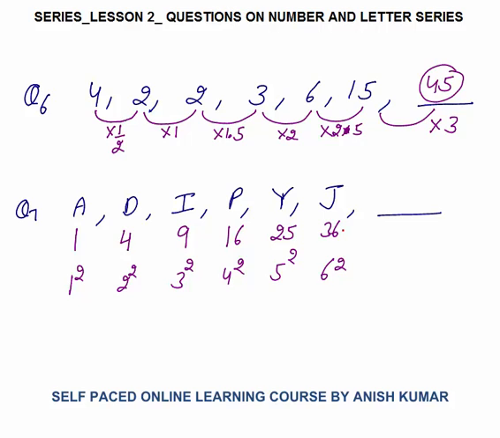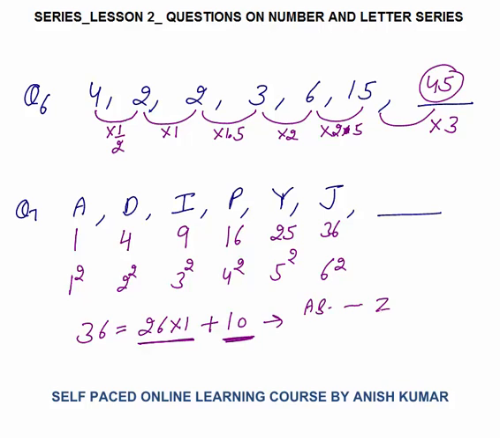Now 36, I told you whenever the number is more than 26, what you have to do? Divide that number by 26. If you divide 36 by 26, the remainder would be 10. You can write 36 as 26 into 1 plus 10. Now 26 into 1 means that the alphabet series is completed once, then the 10th letter would be J. As I told you in the concepts, I am just explaining.